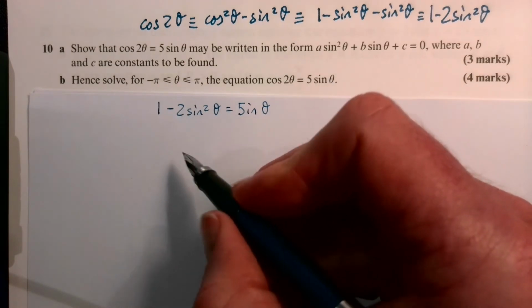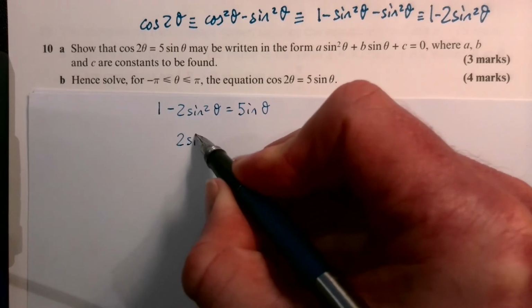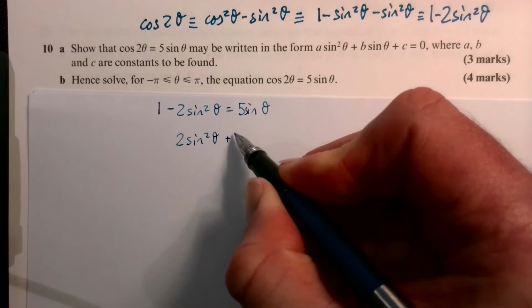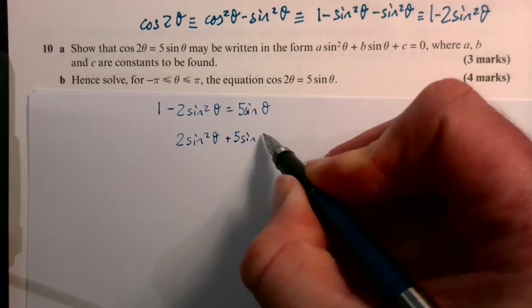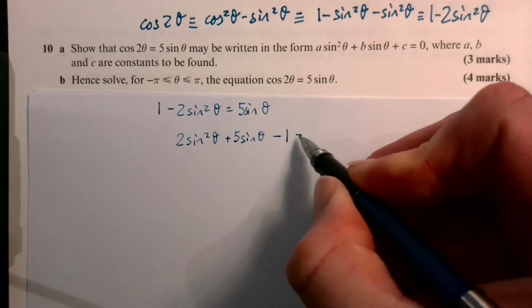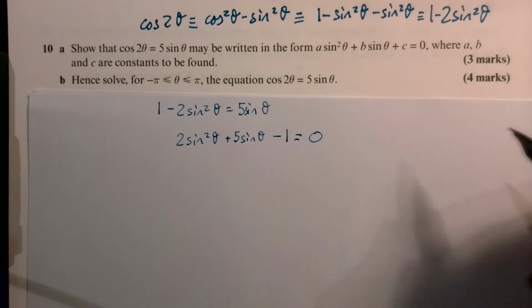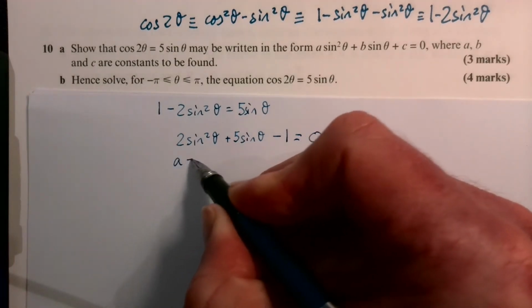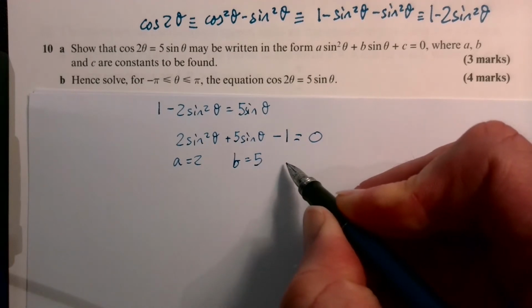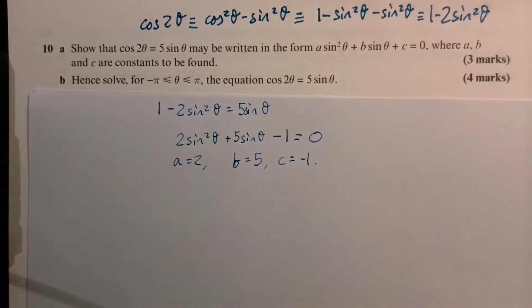So if we add 2 sine squared theta to the other side, we've got plus 5 sine theta, so we've sort of come over this side, take 1 is equal to 0. And so if they say A, B and C are constants to be found, we've got A equals 2, B equals 5 and C equals negative 1.